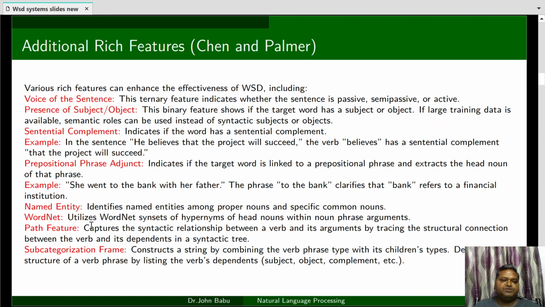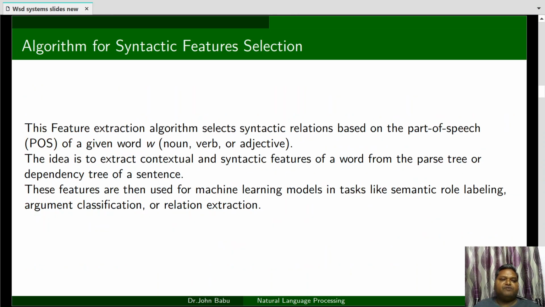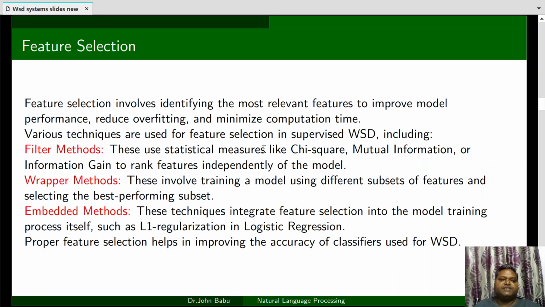Remember these features. Then we also have the algorithm for syntactic feature selection. How do we select a feature? If it is a given word, whether it is a noun, verb or adjective, then determine its POS, parts of speech, and determine other properties and select it as a syntactic feature.